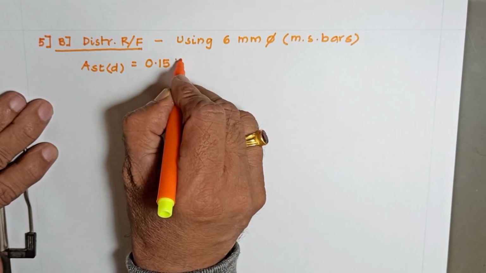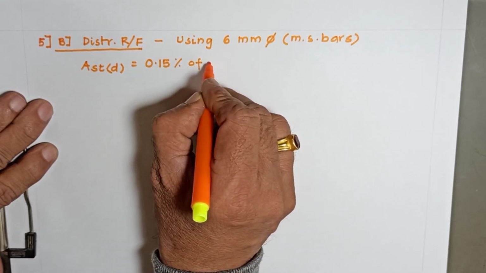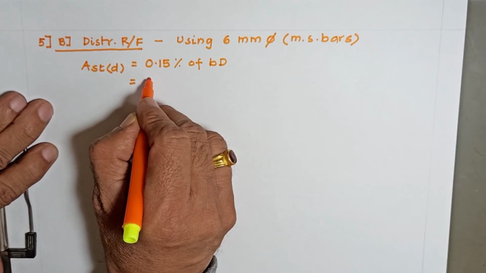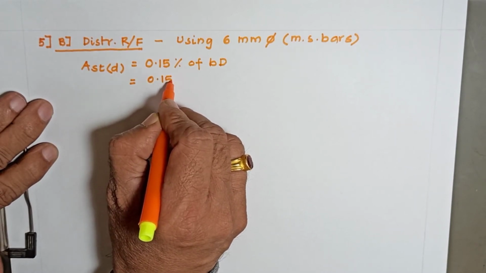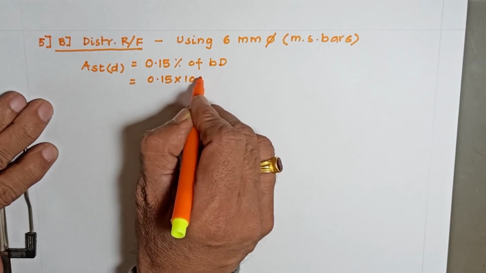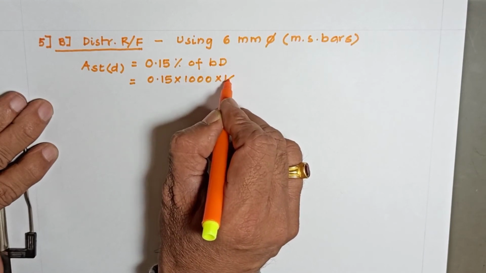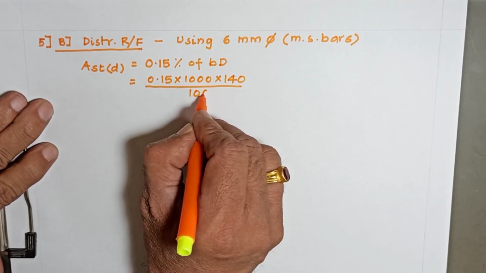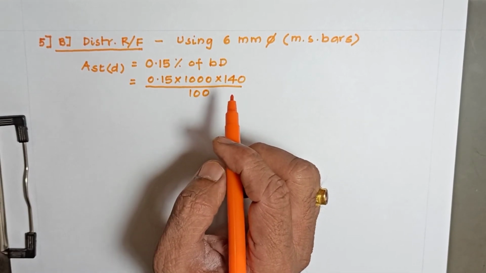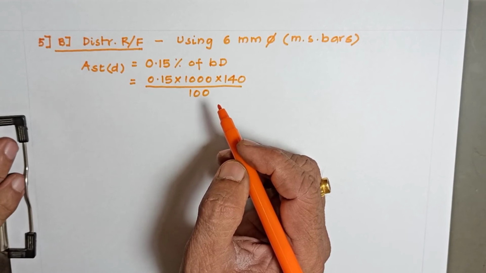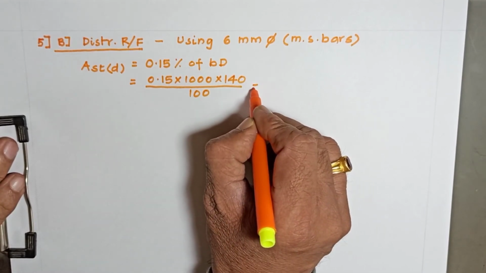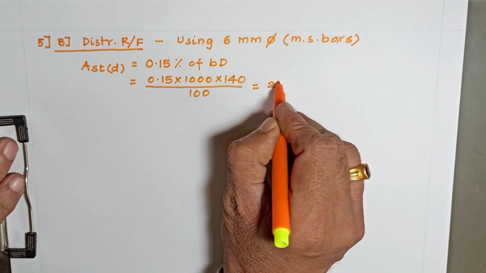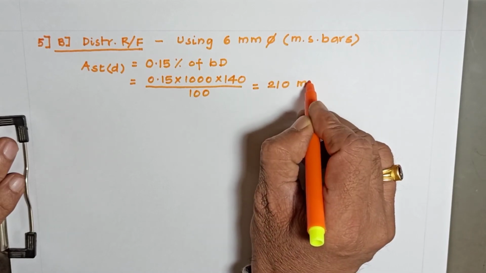So 0.15% of the cross-sectional area, that is B into D, which you can calculate as 0.15 into B is 1000 into D is 140, divided by 100 for percentage, which comes out to be 210 mm square.